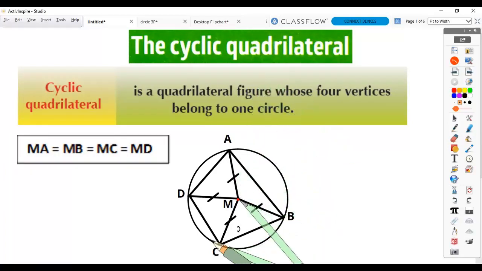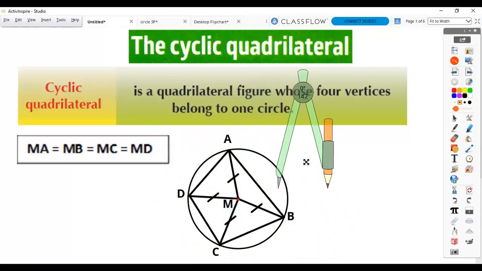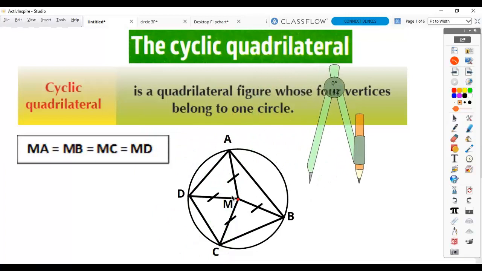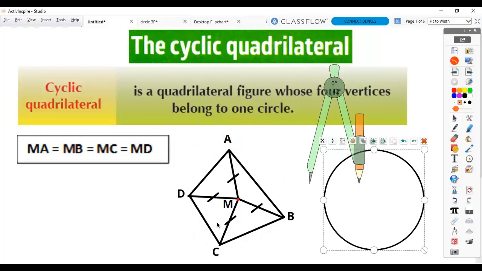And we find a point in the plane, and all 4 vertices are at equal distance from it. This point will be the center of the circle passing through the vertices, or the circumcircle. So in this figure, if we make it like this, it is a cyclic quad.